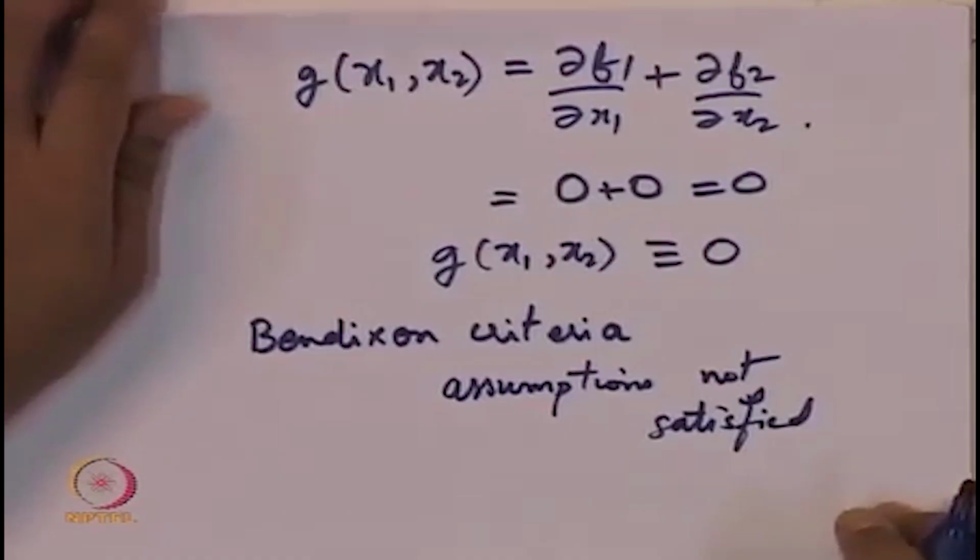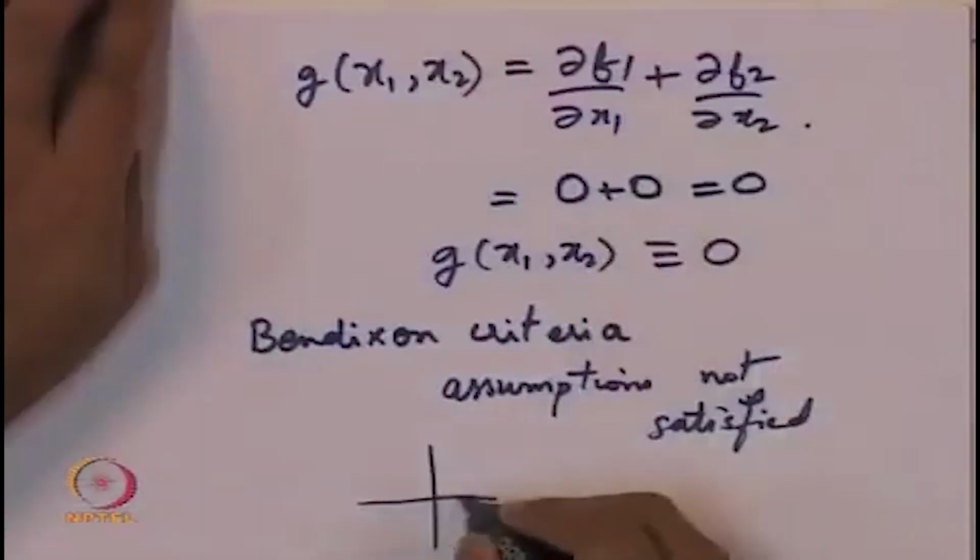Does that mean that there are no periodic orbits lying entirely inside that simply connected region D? No, it does not mean that. It only means that because the assumptions of the Bendixson criteria are not satisfied, we cannot conclude anything, because the statement is not valid. However, we know in this particular case that G is identically 0 and there are periodic orbits indeed.